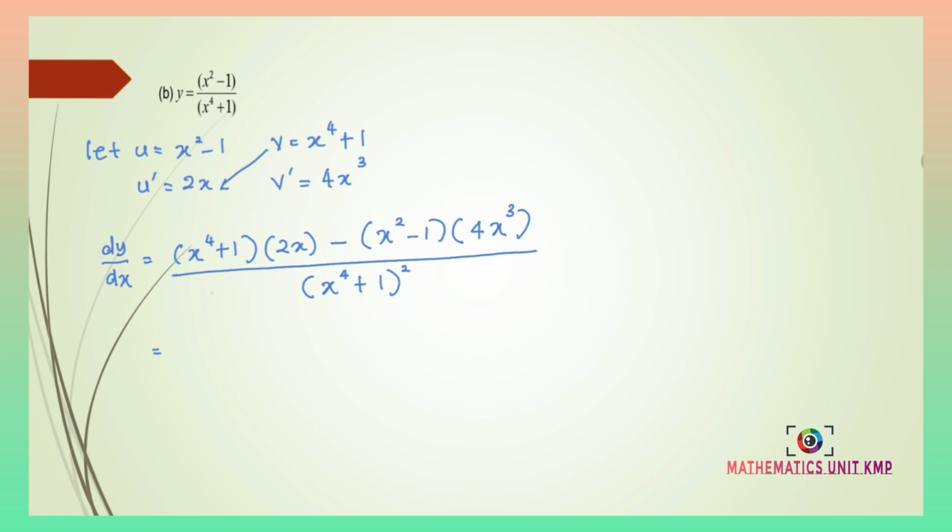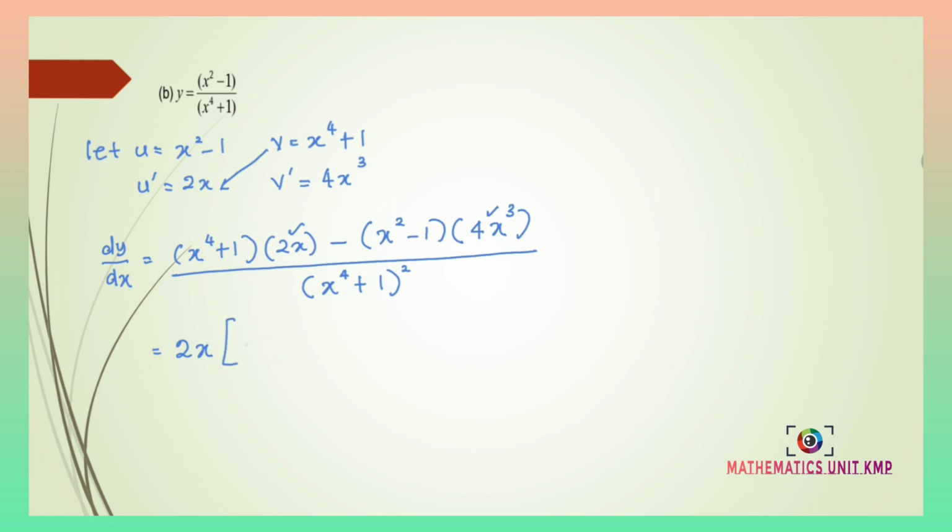To simplify the numerator, first we have to see the common factor. Do we have the common factor in both terms? Now we have here 2x and 4x cubed. We can bring out 2x as a common factor.